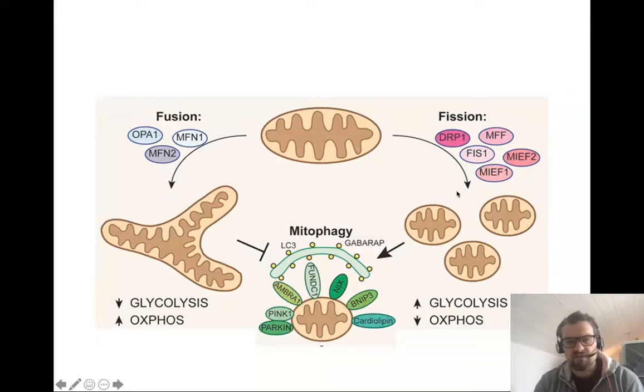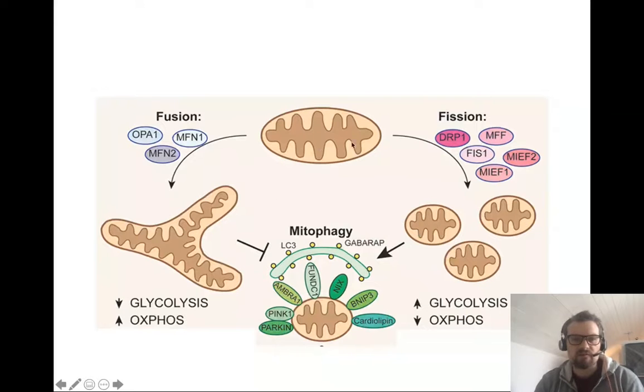You can also have fission, where large mitochondria break off into smaller mitochondria, and this is an important process in maintaining mitochondrial health, because often if you have a damaged part of the mitochondria, it'll be pinched off through a process of fission, and then these damaged mitochondria can be degraded by a process called mitophagy, which is basically the way your cell can clear up these damaged mitochondria and repurpose the individual components.